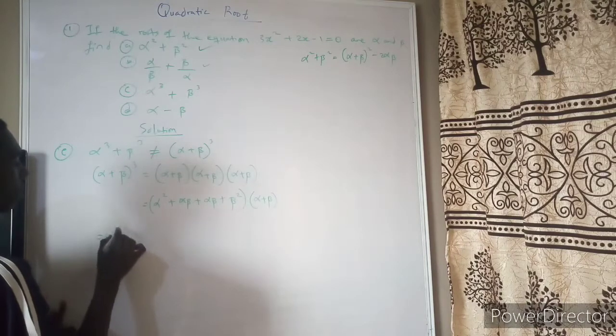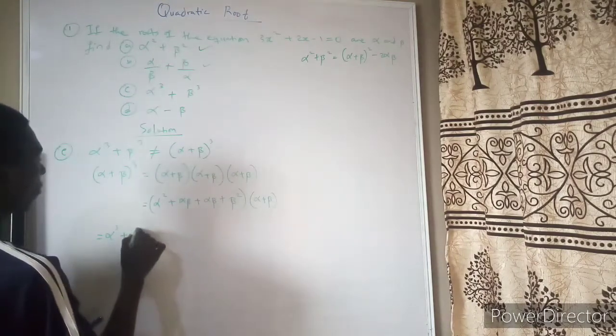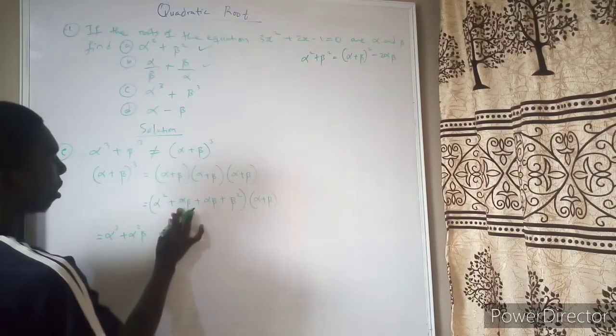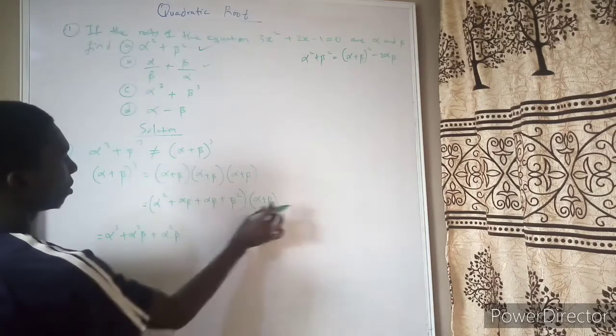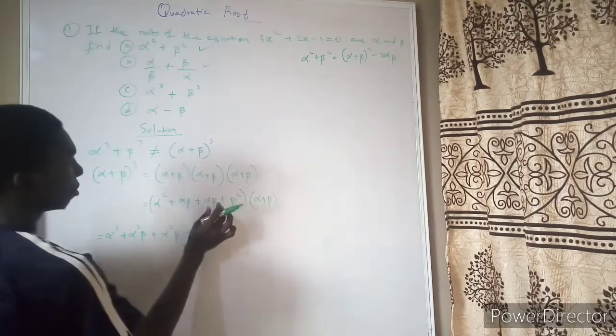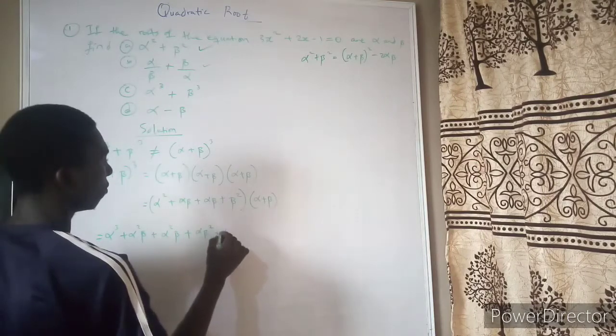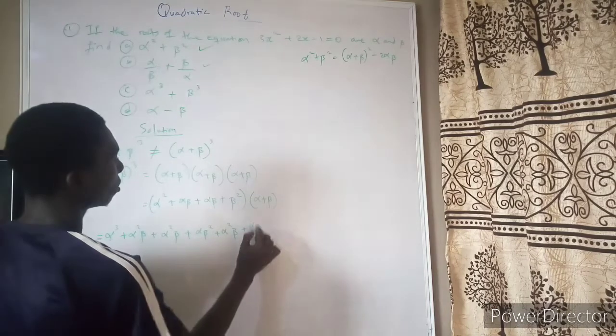Now this same thing times beta, alpha squared beta. Now let's go to the next one. Alpha beta times this: alpha beta times alpha, I have alpha squared beta. Alpha beta times beta, I have alpha beta squared.